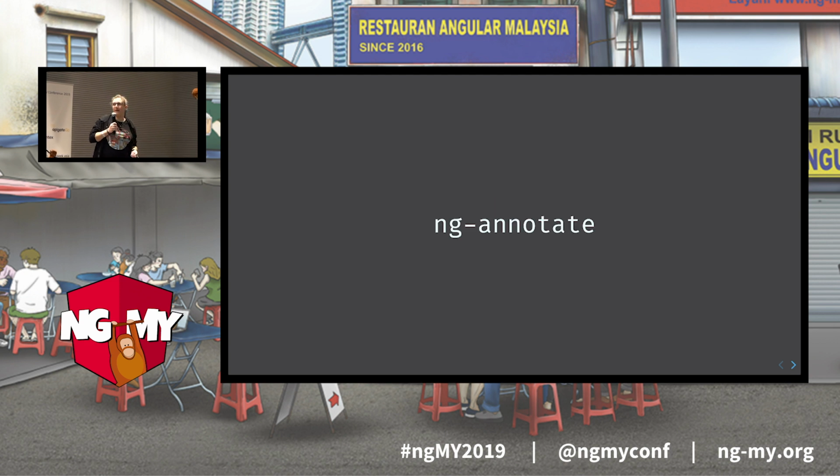And ng-annotate is available as a Gulp plugin, as a Grunt plugin, and as a command line tool, which is great. What it's not available as is a Webpack loader that works with the Angular CLI. There is a Webpack loader, but to use it, you've got to eject your app, which we don't really want to do. So yeah, ng-annotate in our build pipeline is out.